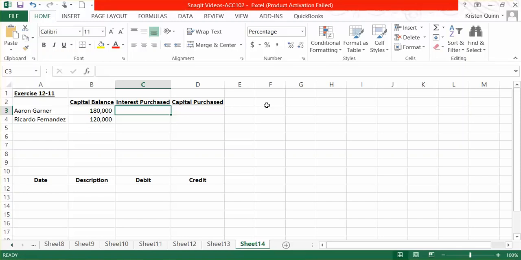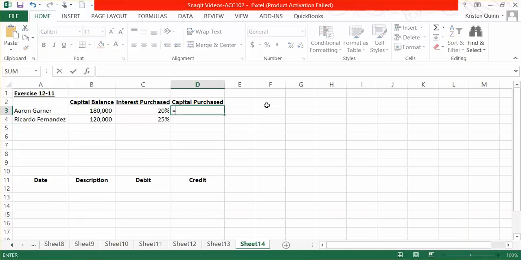So she's going to buy 1/5 or 20% of Gardner's interest and 1/4 or 25% of Fernandez. So we simply multiply the capital balance of the existing partner by how much Carpenter is purchasing to determine how much of that partner's capital balance she will receive.